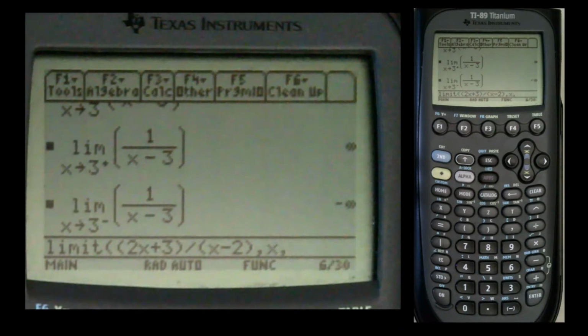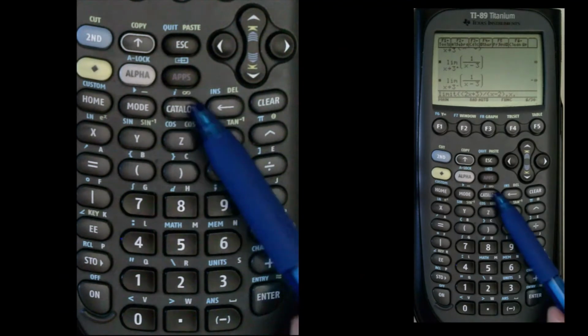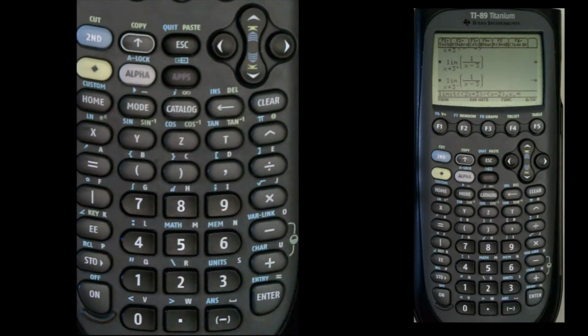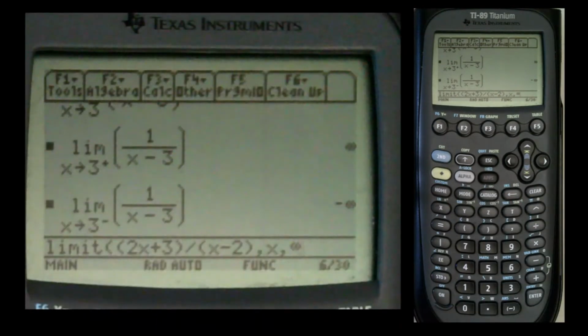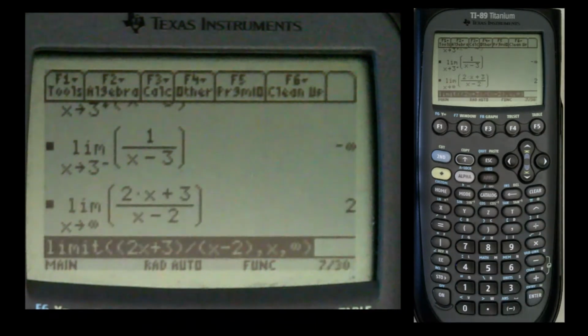And then to get infinity, I will zoom in on the keyboard here. Infinity is the green on catalog, so I'm going to type in green catalog, and you can see that that's going to give me the infinity symbol. I'm going to close my parentheses, and you can see that I get 2 as an answer.